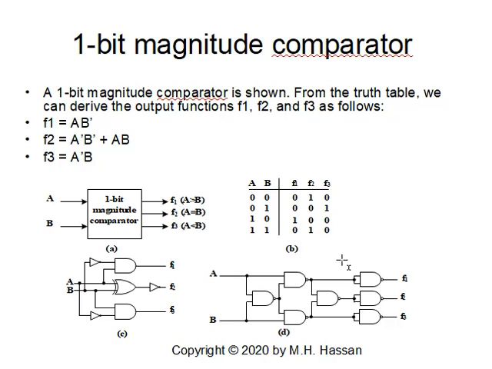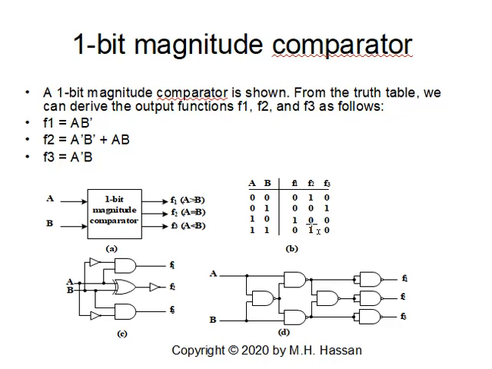So from the truth table, we can find F1, F2, and F3 as a sum of minterms. Clearly F1 will be A B prime.